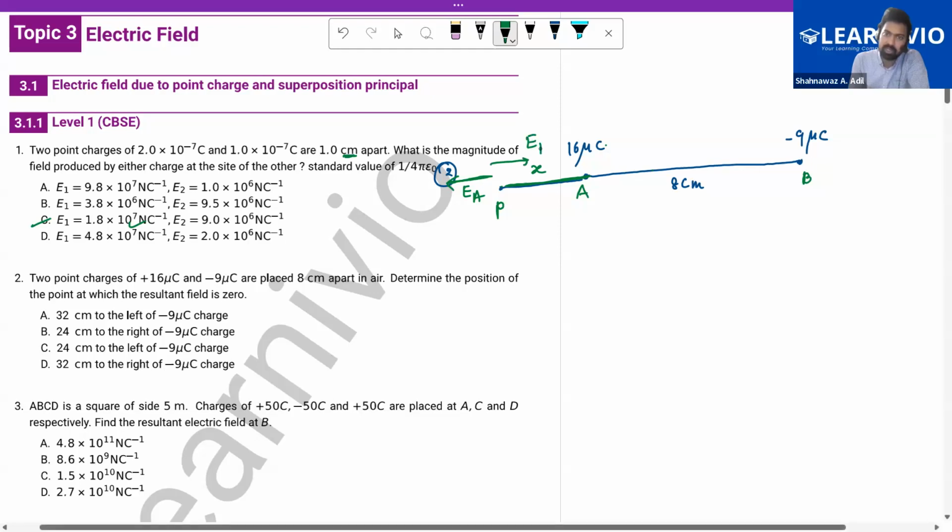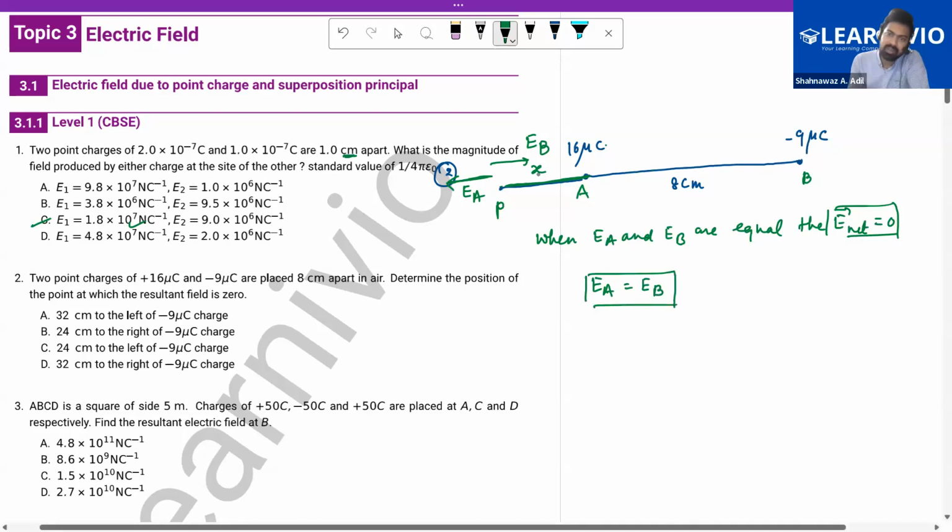So this would be E, and when EA and EB are equal, then the resultant E net would be zero. So let's put EA equal to EB.